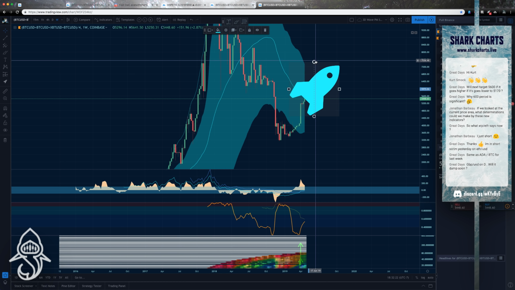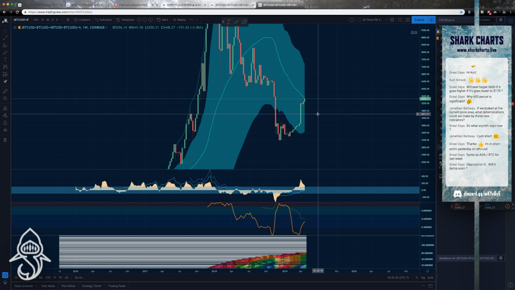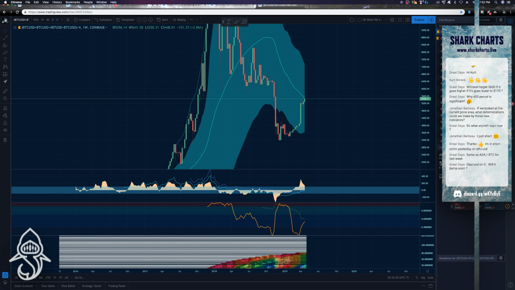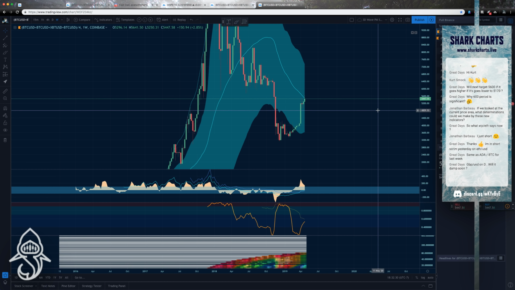It's the max period length you'll see on the regular 3D Wave PM, for example. Let's see, anything else? I think we answered, if we look at the current price here with these new indicators, I walked through that pretty well for a live stream.